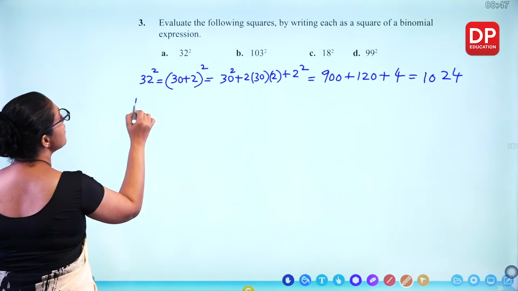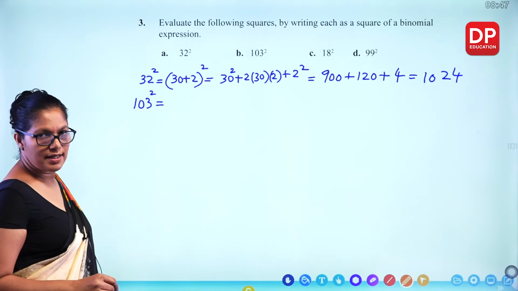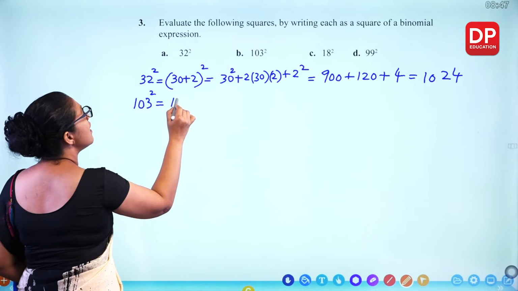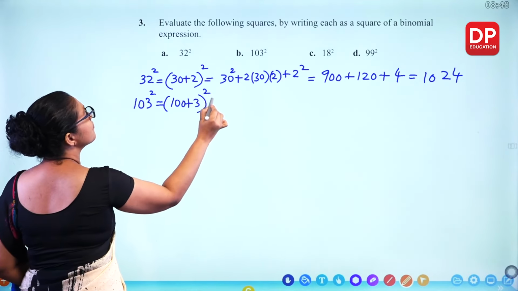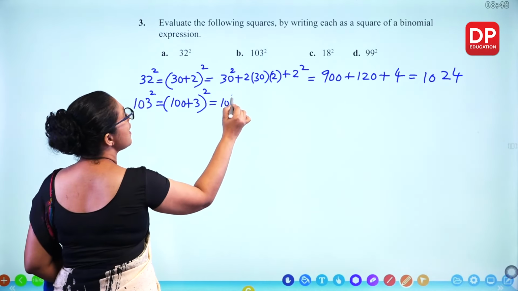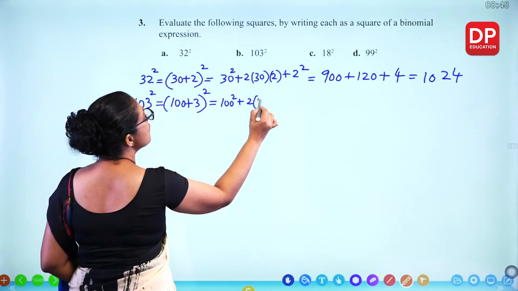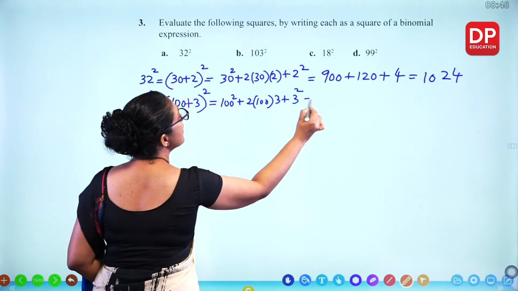Now we'll try 103. How can I write 103? I can write 100 plus 3. Now apply the formula: first term squared, double of the first term and the last term, and the last term squared.